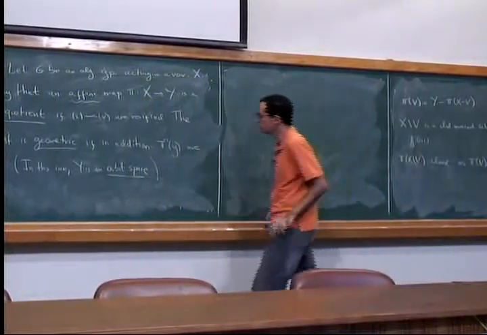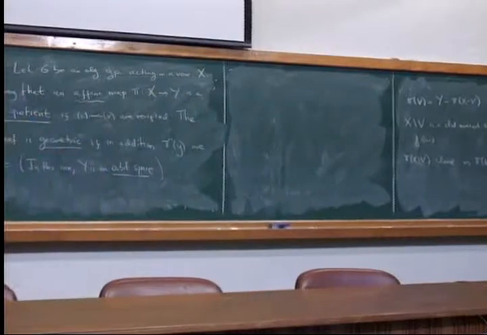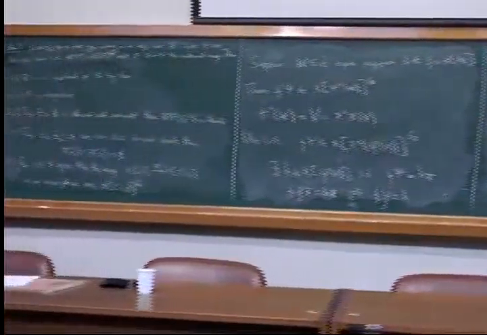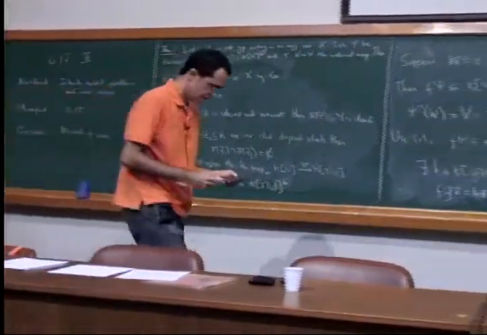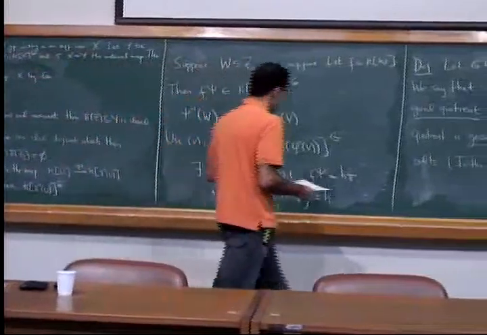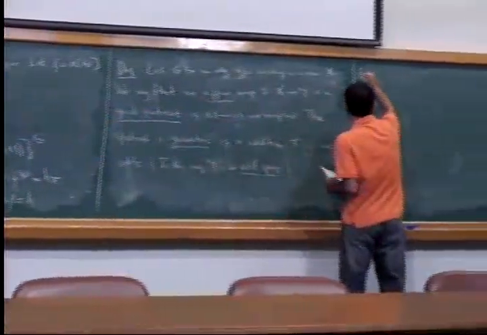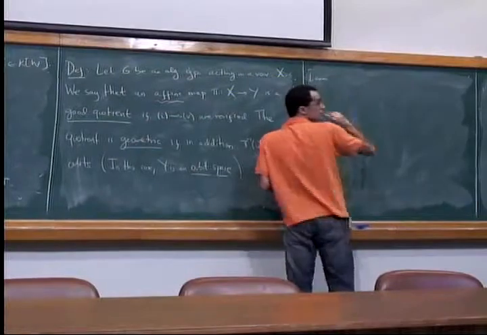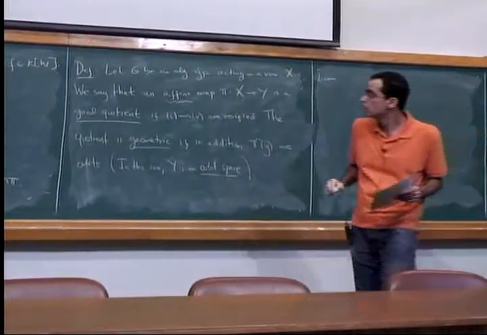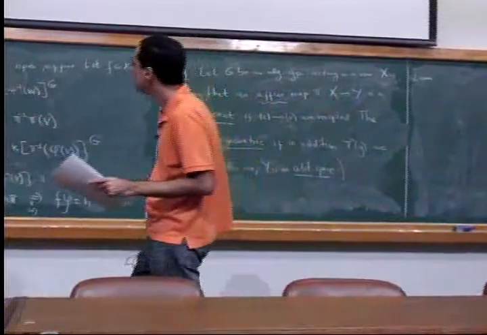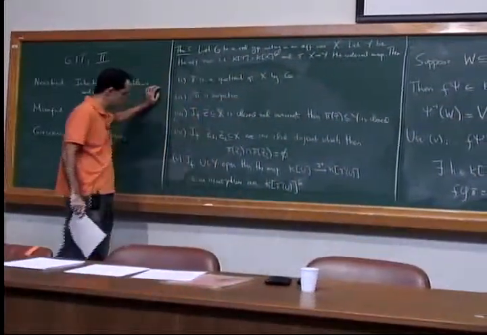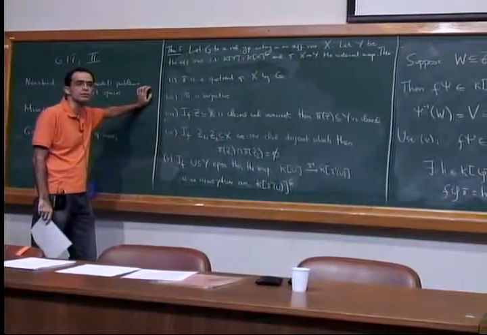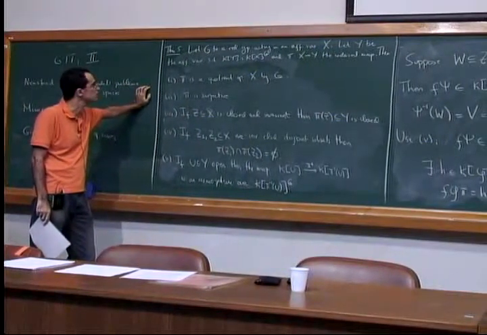Then, if you have a reductive group acting on an affine variety, you have a good quotient. In fact, you don't need to check everything there. Let me put a lemma here. What we need is that the orbits are closed.